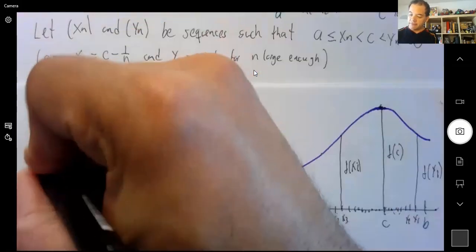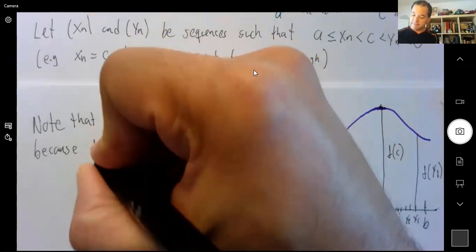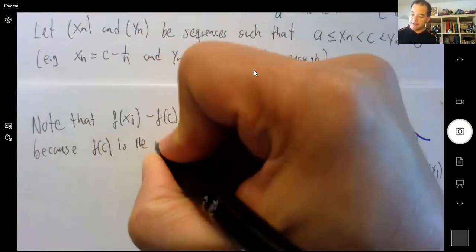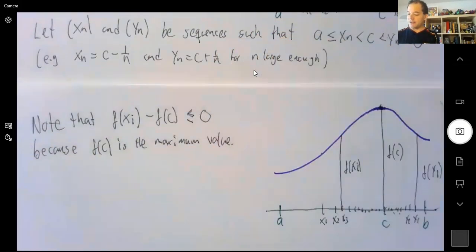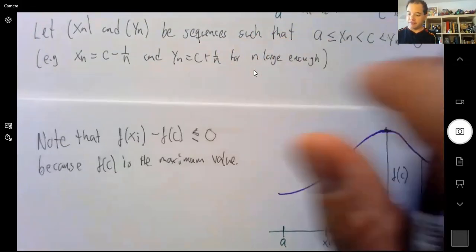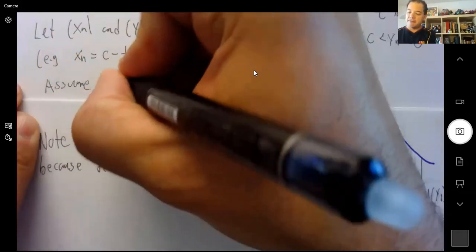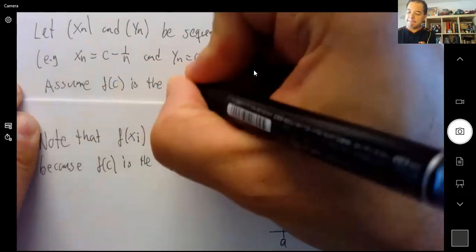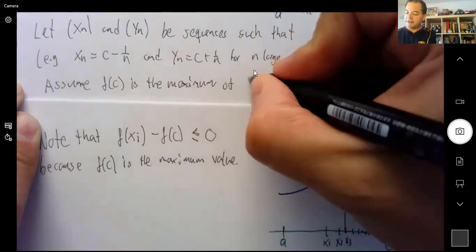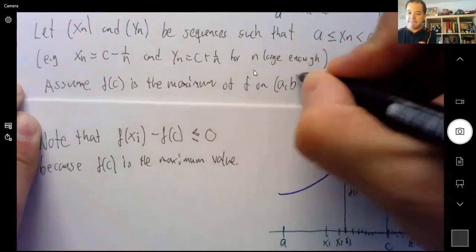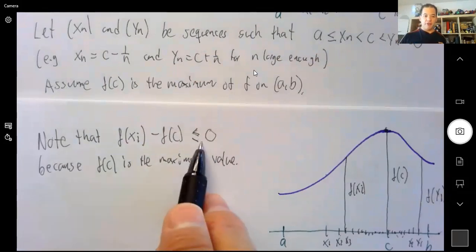And this is because f of c is the maximum value. I should have said that we were doing that case first. So over here, assume f of c is the maximum of f on AB. Okay, so that happens. So this is less than or equal to 0.